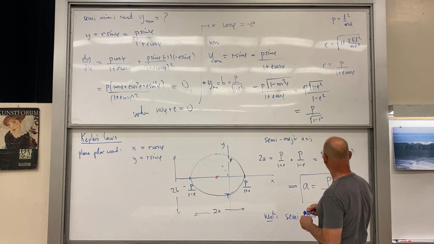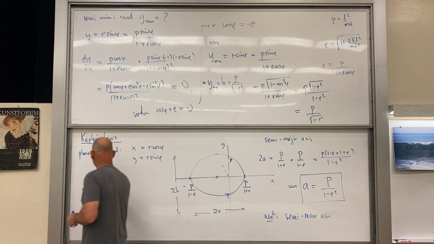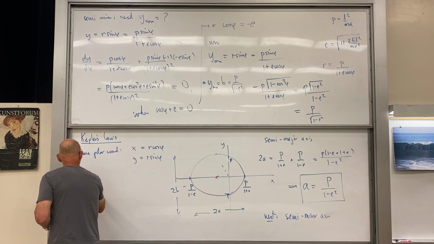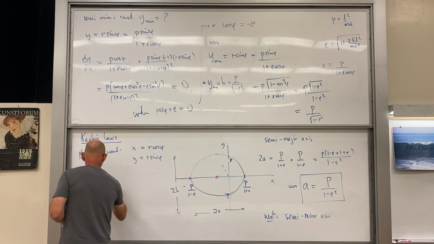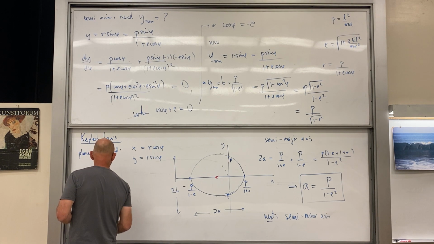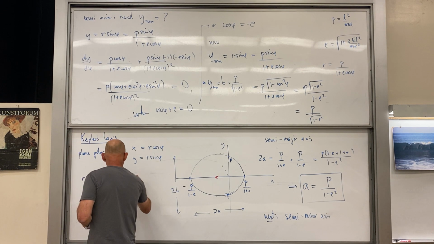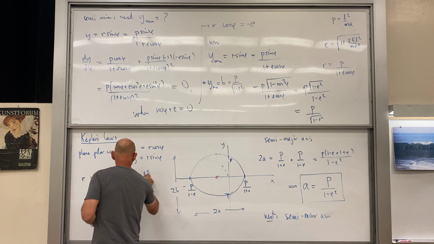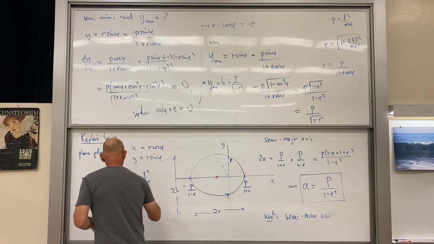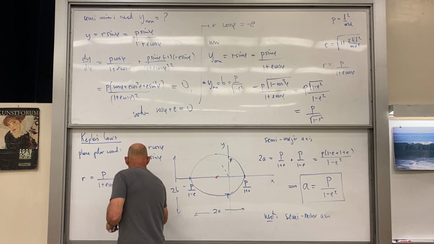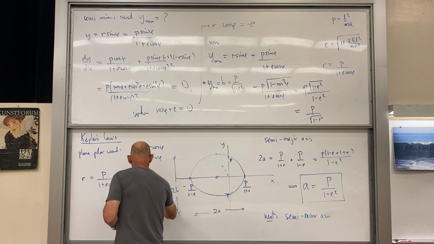So x and y, let's go ahead and write this. r is equal to p over 1 plus e cos phi. There's our p equals L squared over m alpha. e is equal to root 1 plus 2E L squared over m alpha squared.